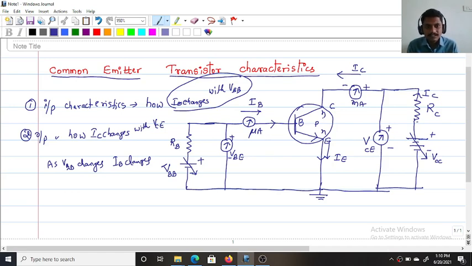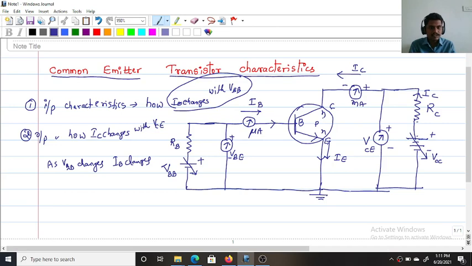The collector emitter junction should always be reverse biased. The collector, N type, is connected to positive, and the emitter, N type, is connected to earth, so it acts like a common terminal.